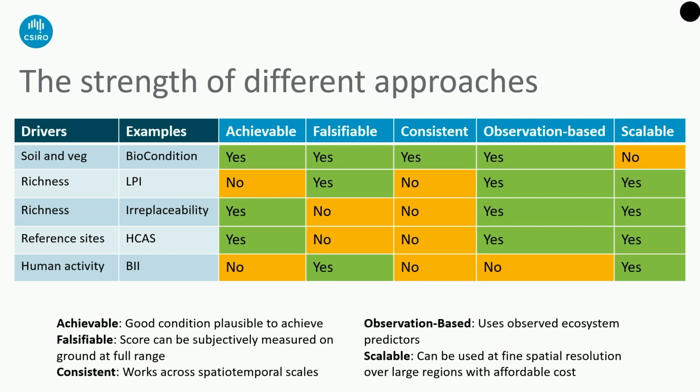Okay, so let me just briefly explain what's happening here. In this table, we can see none of these existing approaches is good in all aspects. Some common problems include, say, this soil and vegetation-based approach, the top one, is too costly, so it's not possible to do that everywhere, anytime.